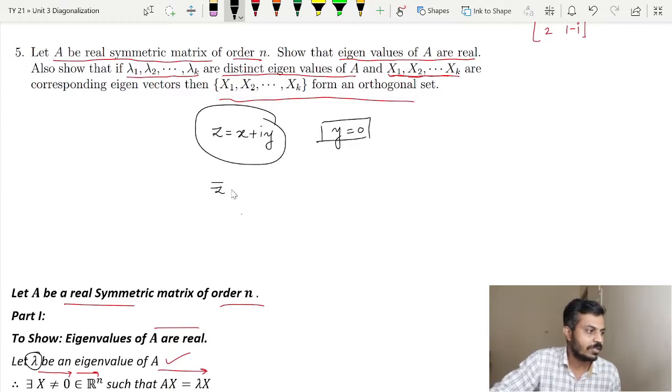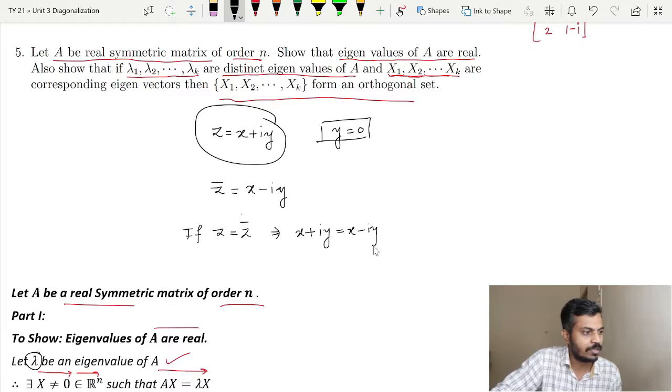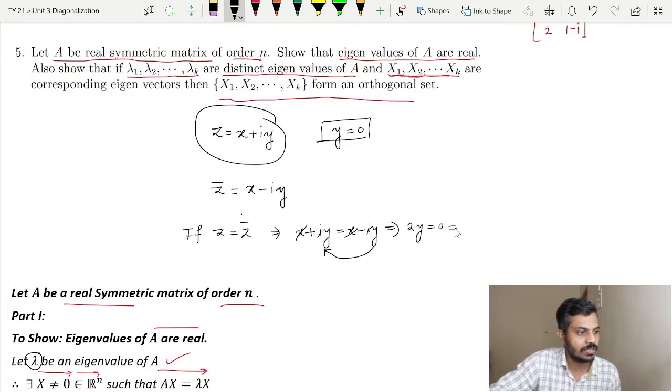What will be my conjugate of z? It will be x minus iy, right? Now let us say if z is equal to z bar, what will it imply? x plus iy is equal to x minus iy. The x and x will get cancelled out, and if you shift the minus iy to the left hand side, it will be 2iy is equal to 0, and this will imply y is equal to 0.